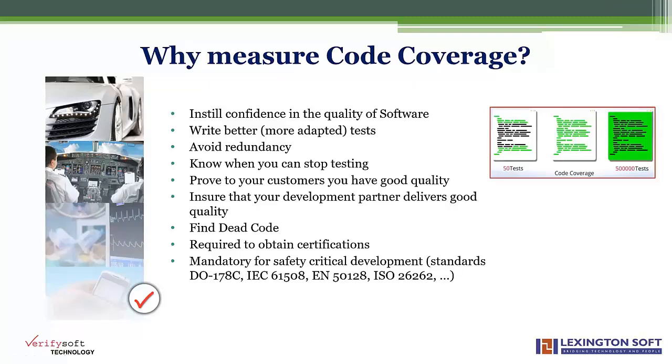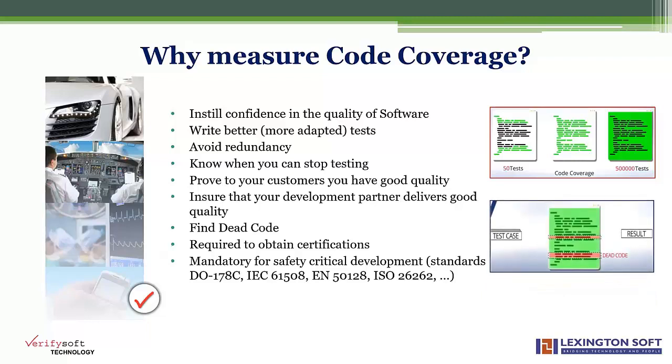You can also avoid redundancy in testing. How? If you have a visual overview of the previously successfully executed portions of your code, then you can write adaptive test cases to cover the portions that have not been tested. This way you avoid redundancy in testing.